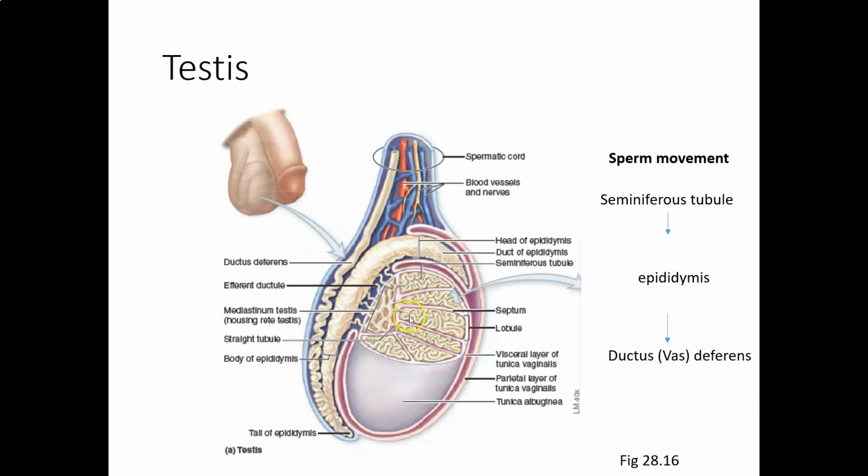And then you can see the ducts collecting all those sperms being generated, and then going into the epididymis, this comma-shaped structure, right? That's where the sperms are stored, and from there it's going to go through the ductus. This is the head of the epididymis, then the tail of the epididymis, and then going into this tubule. Those ducts are called ductus deferens.